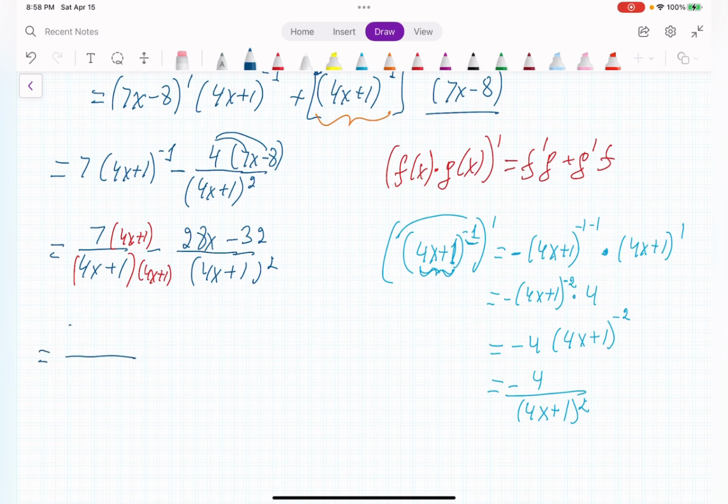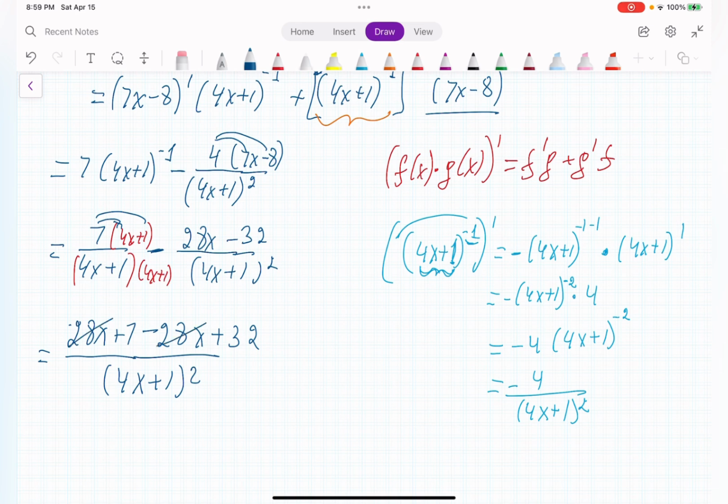So 7 times 4x is 28x, 7 times 1 is plus 7. Since I have negative here, it's going to flip every single sign: minus 28x and plus 32. So my 28x and negative 28x are gone.